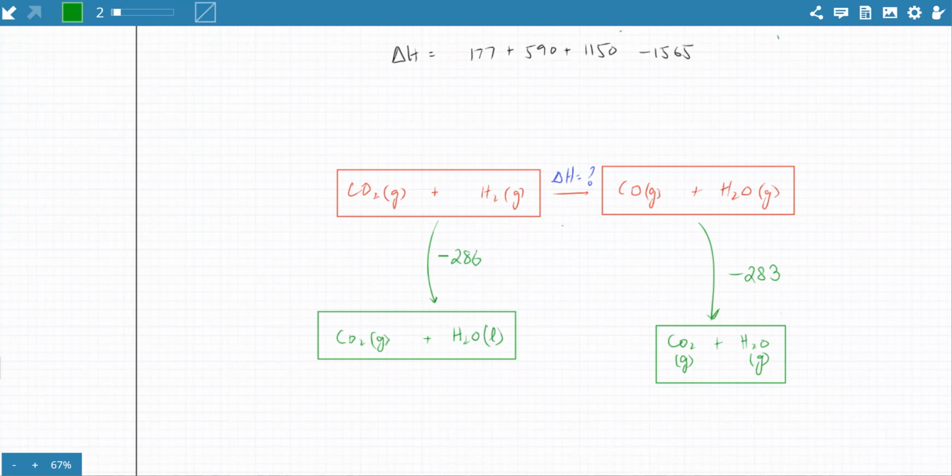Now tell me what's this last step? What's happening here?